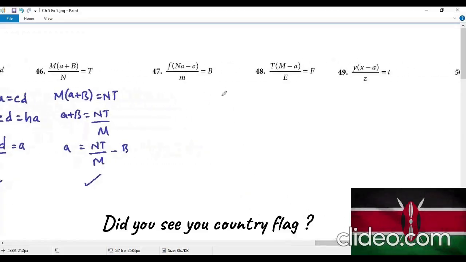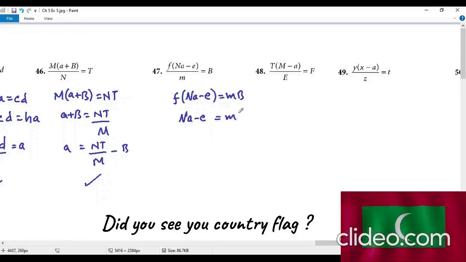Now four questions remaining. That means f na minus e equals mb. That means na minus e equals mb over f.